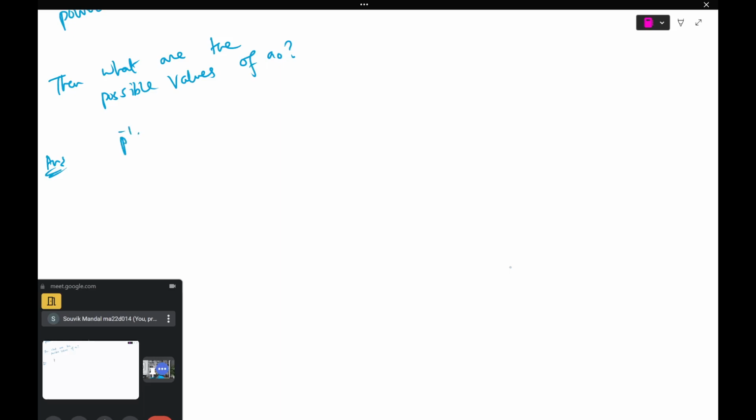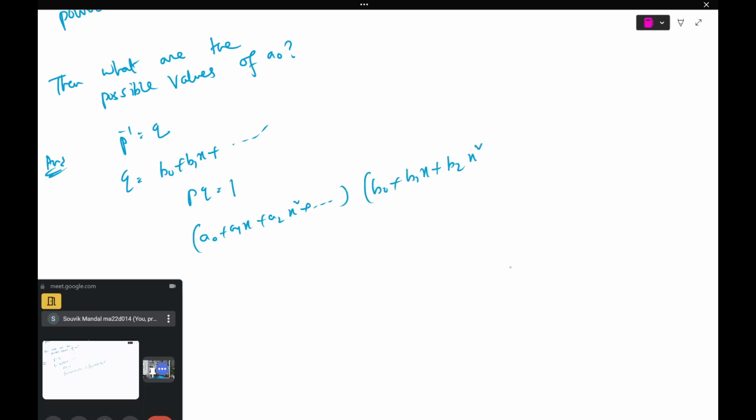So assume that P inverse is equal to Q, and let Q be equal to b0 plus b1X plus dot dot dot. That is, PQ is equal to 1. So now what is PQ? a0 plus a1X plus a2X square plus dot dot dot, times b0 plus b1X plus b2X square plus dot dot dot, equal to 1. So this implies a0b0 plus X times (a0b1 plus a1b0) plus dot dot dot is equal to 1.